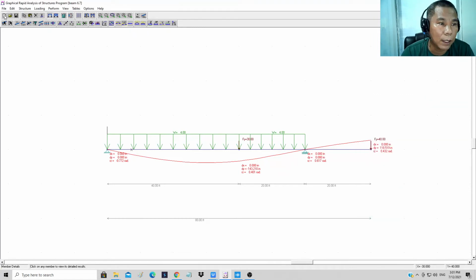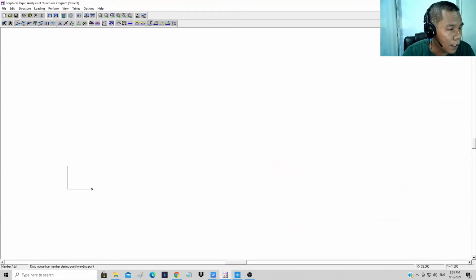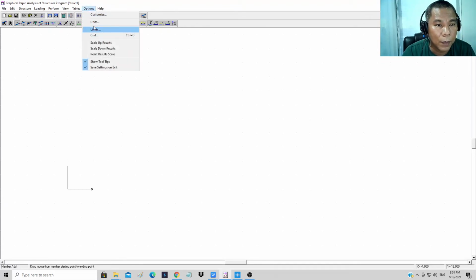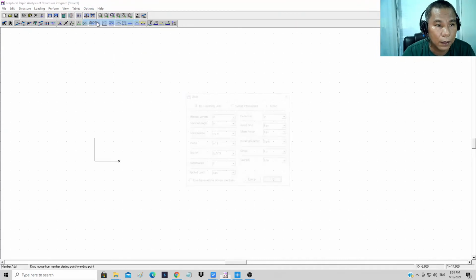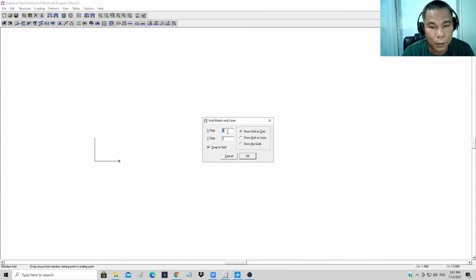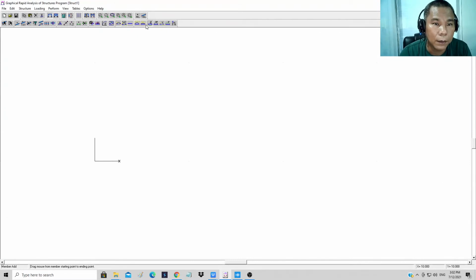Also, you can look at the other example, a more difficult example, the cantilever type. You can go back again to the units, and then the grid, it should be by 10. Then we can have a smaller screen.